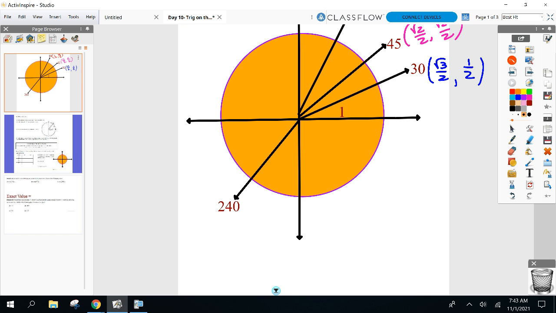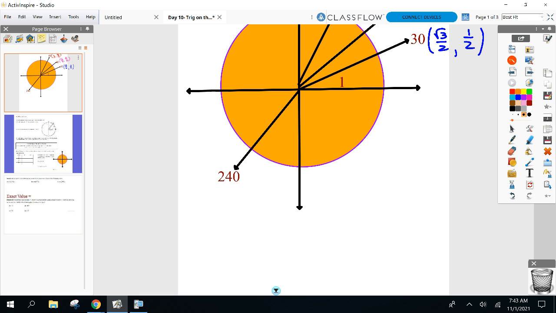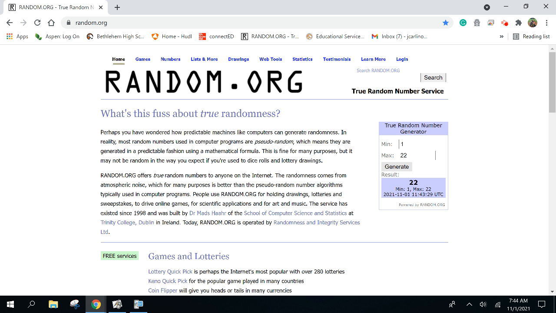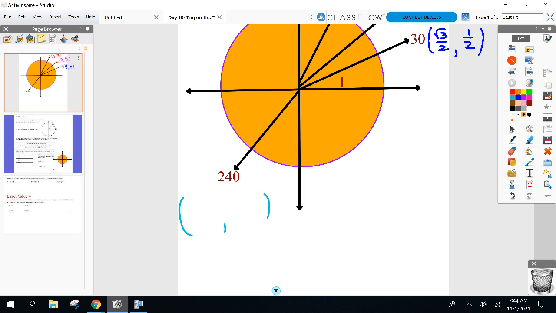Then, real quickly, how do I figure out the coordinate at 240 degrees? First thing you've got to do is find the reference angle, because the reference angle should be one of these three we just went over. So what's the reference angle for 240? Plug it in your calculator if you need to. Sarah, what's the reference angle for 240? 60.